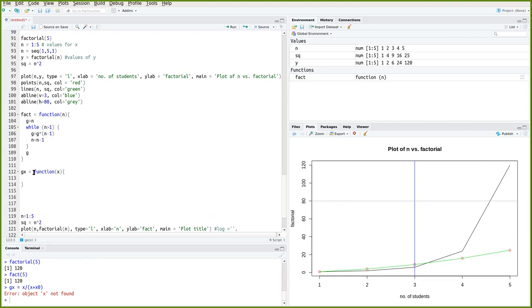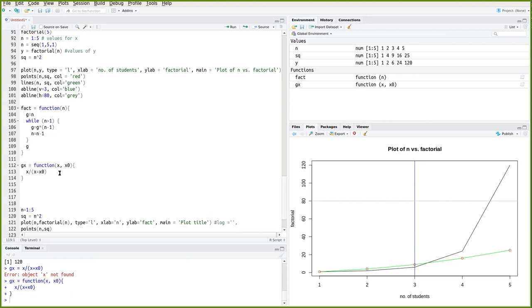You don't really have to write return, but what it computes is, it can actually take two values, x and x naught. So x divided by x plus x naught. When you do this, I have defined this function, okay?